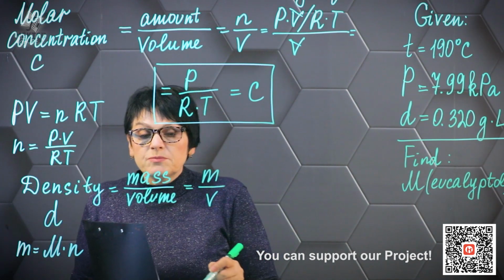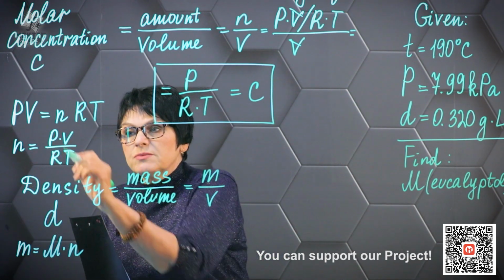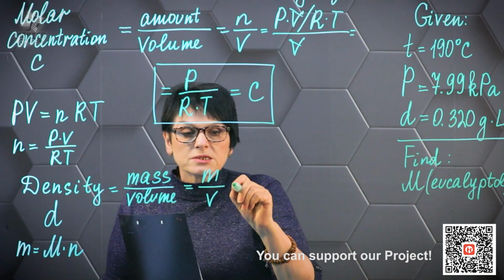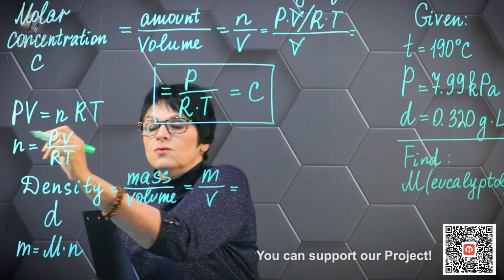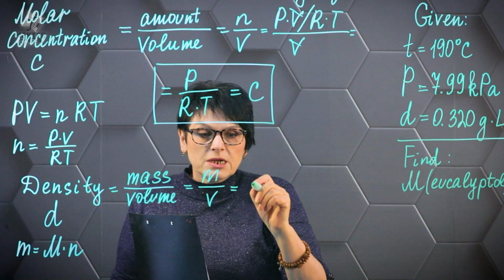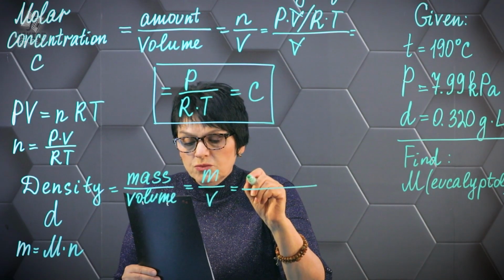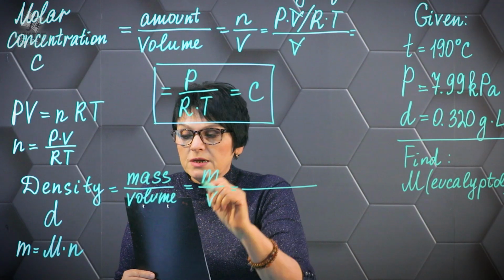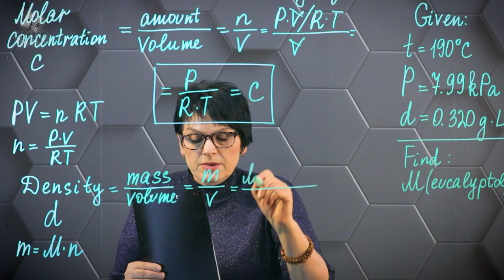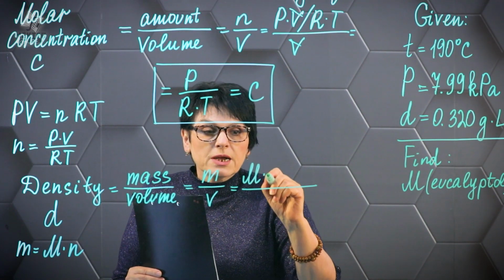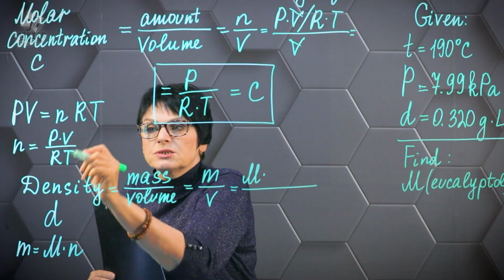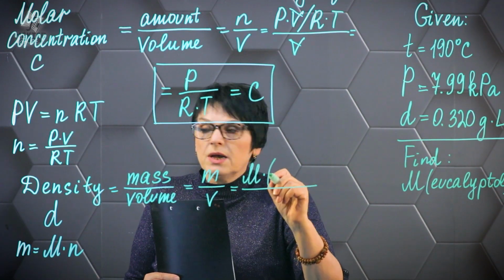In this case, we will take the amount of substance also from the universal equation of state of an ideal gas. From the top, instead of m, we substitute the molar mass M multiplied by the amount of substance, which we have derived above.